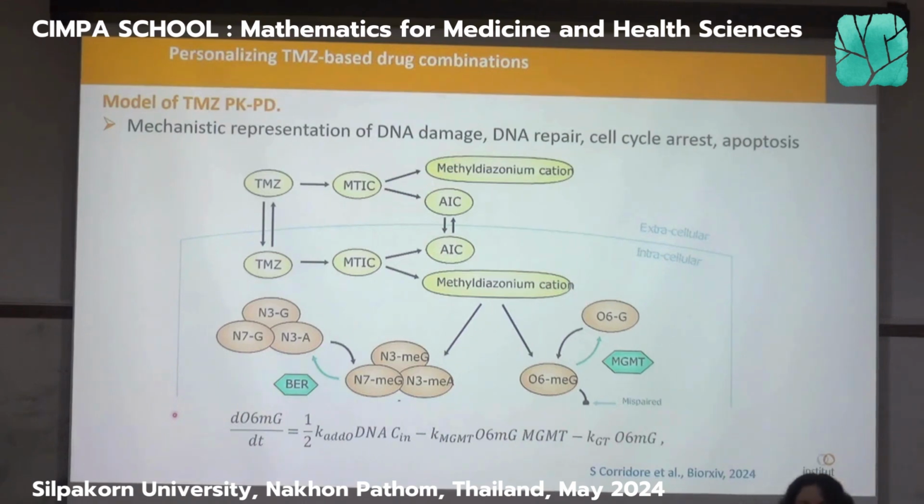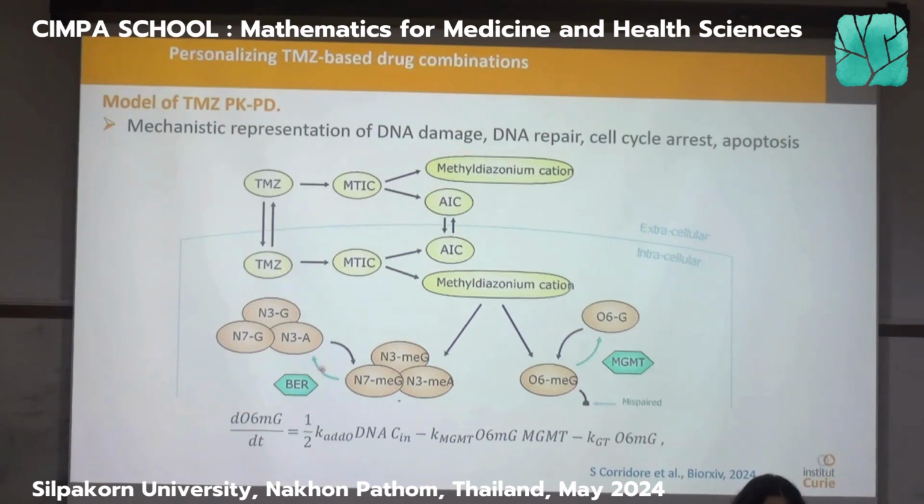And just to give you an idea, what is strange is that here you have like 85% of the DNA adducts that will go here, and only 15% will go here. And yet, for patients who do not overexpress MGMT, this is the most active part.